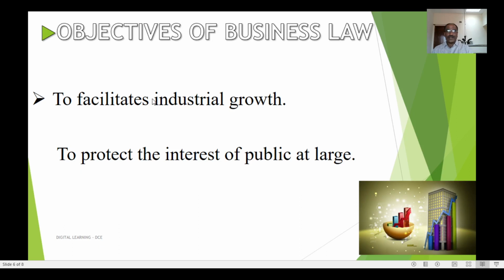Therefore, if there are more and more business establishments, and you assume that there is no business law, no law relating to business, and if some disputes are created between the society and the industries, between the society and business, with no involvement of business law, there are chances of the closure of those industries.